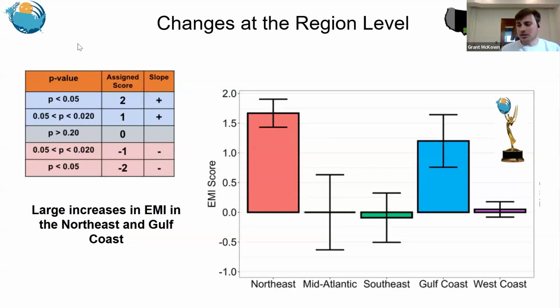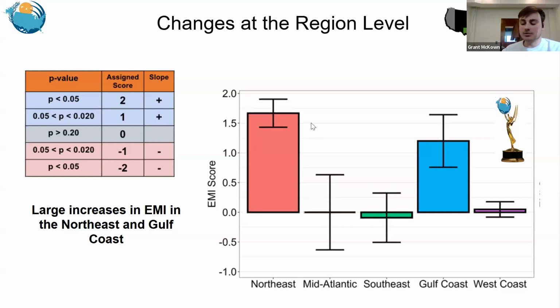Additionally, we also conducted site level regressions, or looking at a compilation of the site level regressions. We compiled them in a different way for IMI because of the unidirectional understanding of it. So the way to read this graph is that if a region has a score closer to 2, it means most of its sites had a significant trend and that slope was positive.